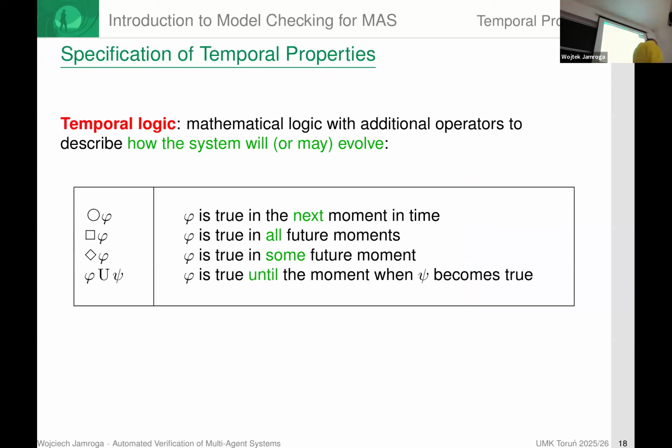And I guess unsurprisingly, in order to talk about temporal properties, we will use something called temporal logic. The idea is that we take propositional mathematical logic. I hope everybody had some course of mathematical logic somewhere, buried very deep in their past.